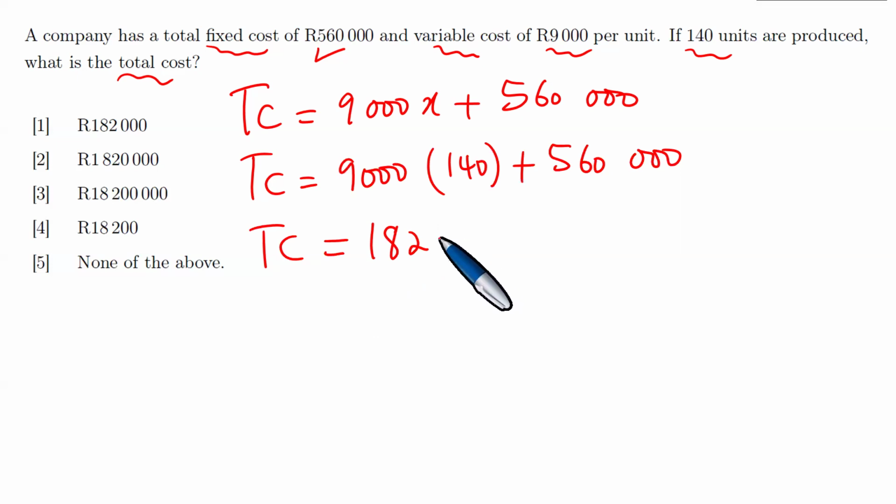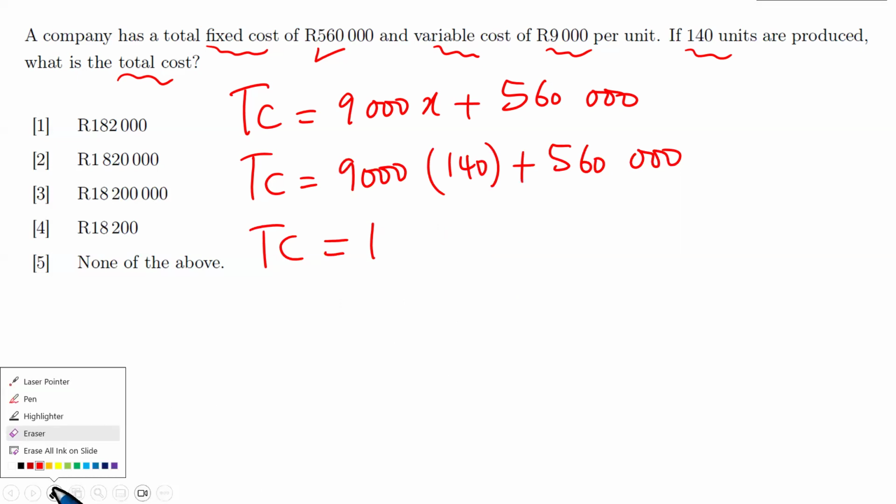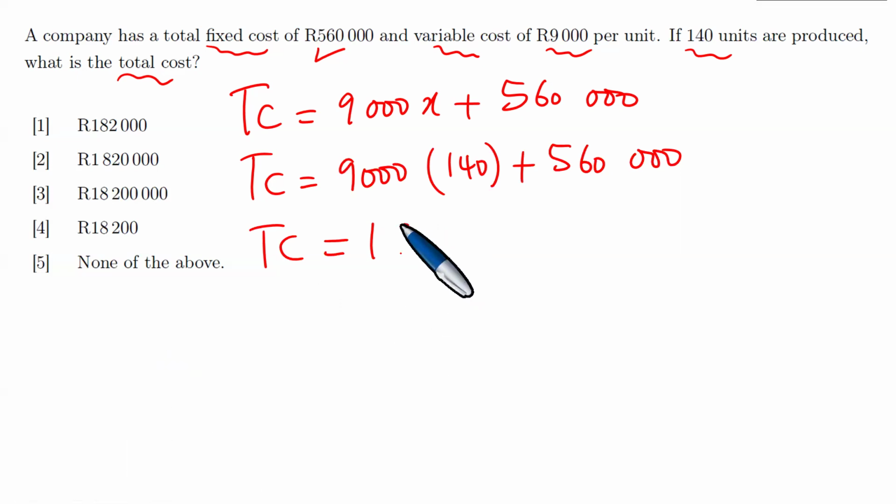Let me write it properly. So 1, then 820, and then 3 zeros. So it's 1,820,000. So which option is it? Option 2. It's option 2.